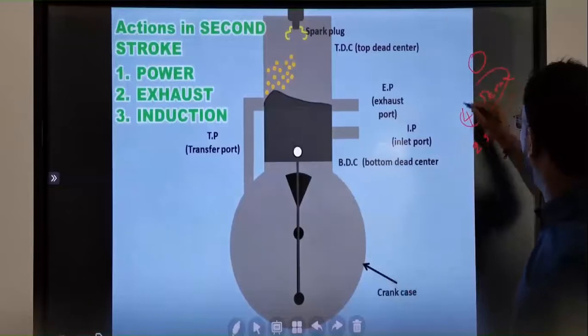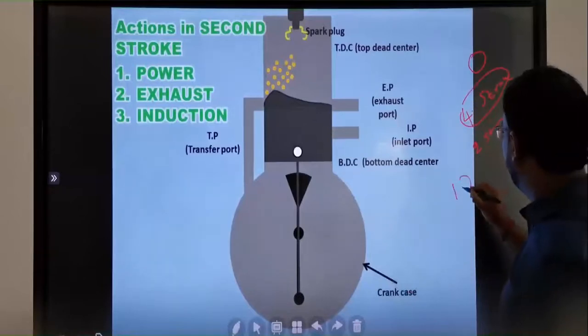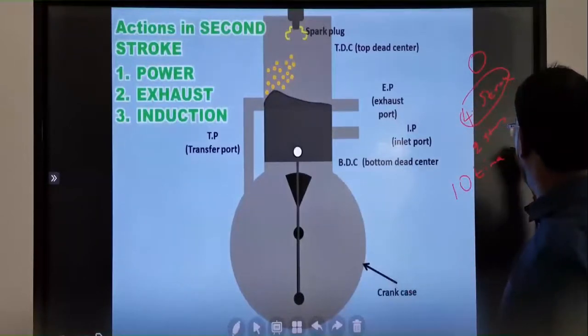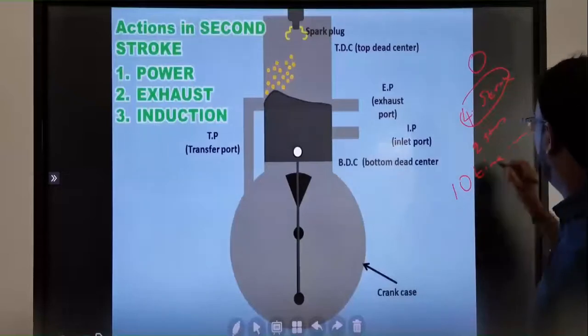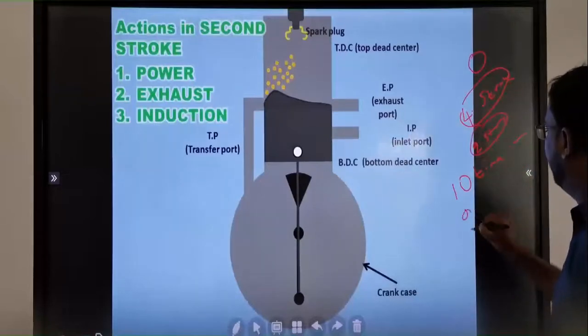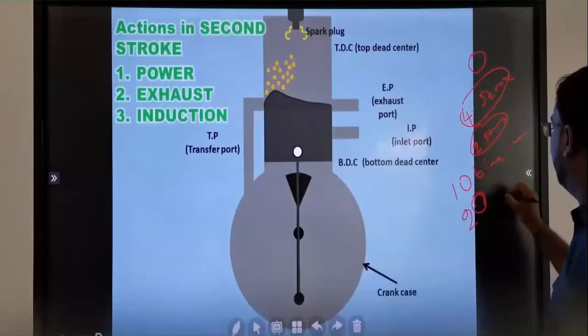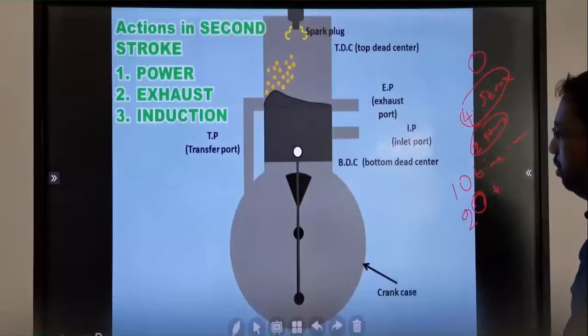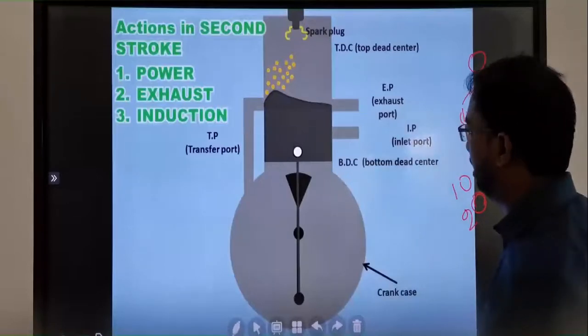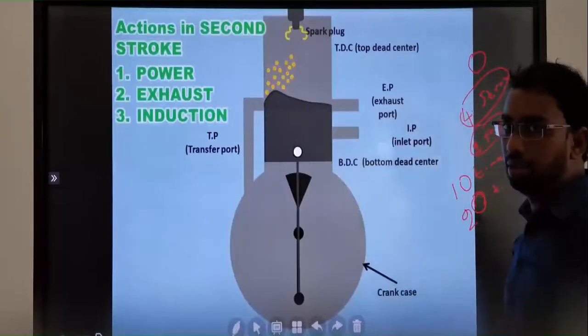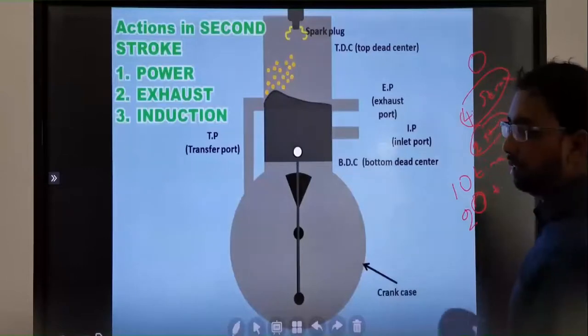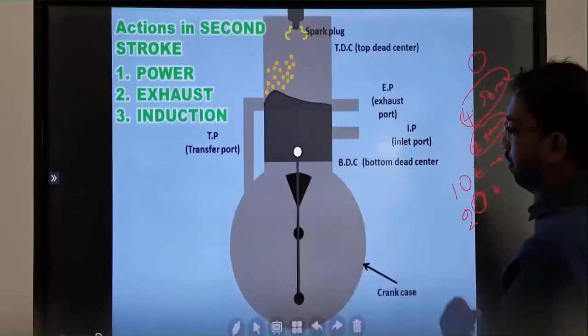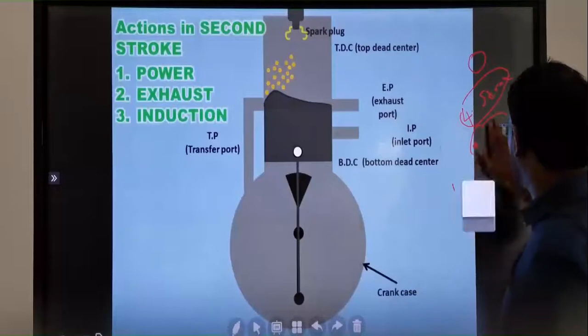For example, when a four-stroke gets 10 power strokes in a particular time, this two-stroke engine gets double. So normally this power is double that of a four-stroke engine.